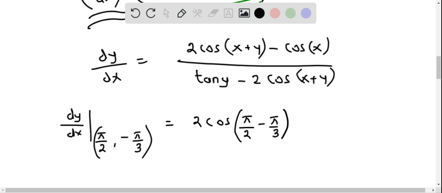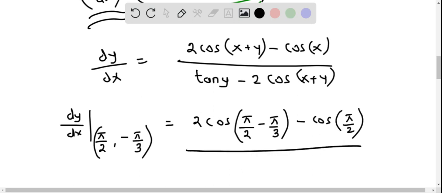So therefore, this becomes 2 cosine of pi by 2 minus pi by 3 minus cosine of x, which is pi by 2, and this is all over tangent of y, which is tangent of negative pi by 3, minus 2 cosine of x plus y, that is pi by 2 minus pi by 3.